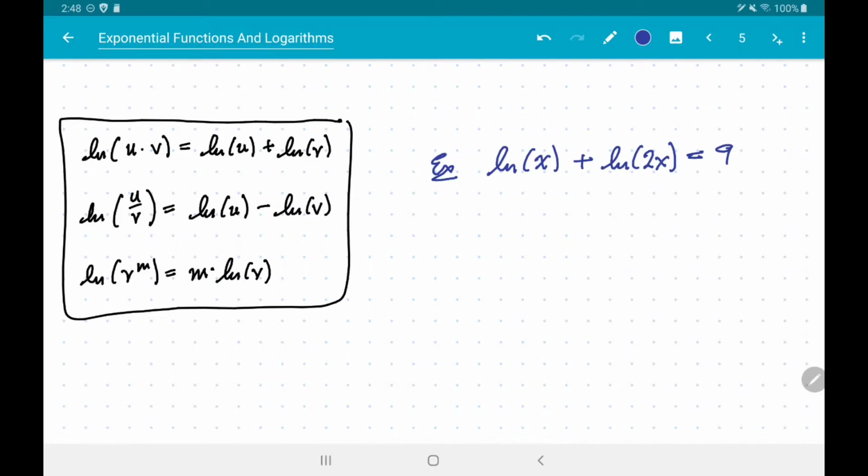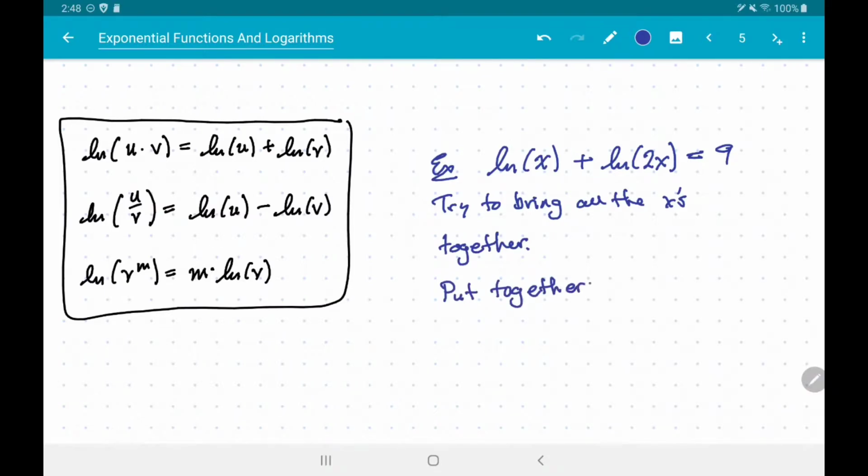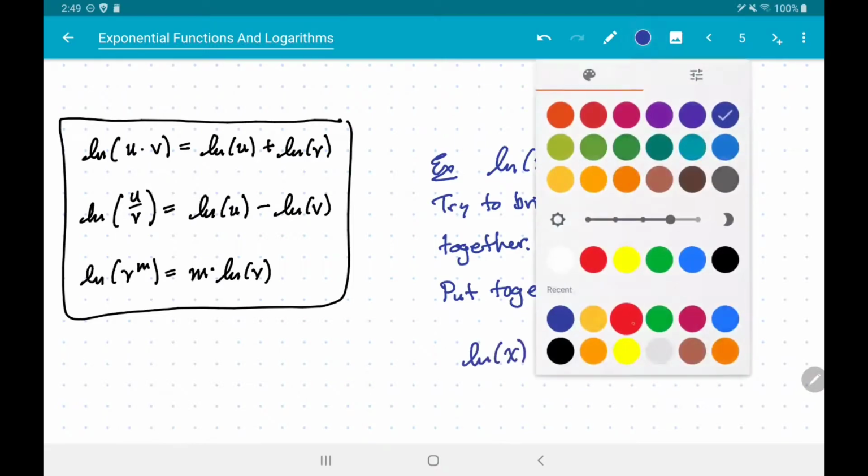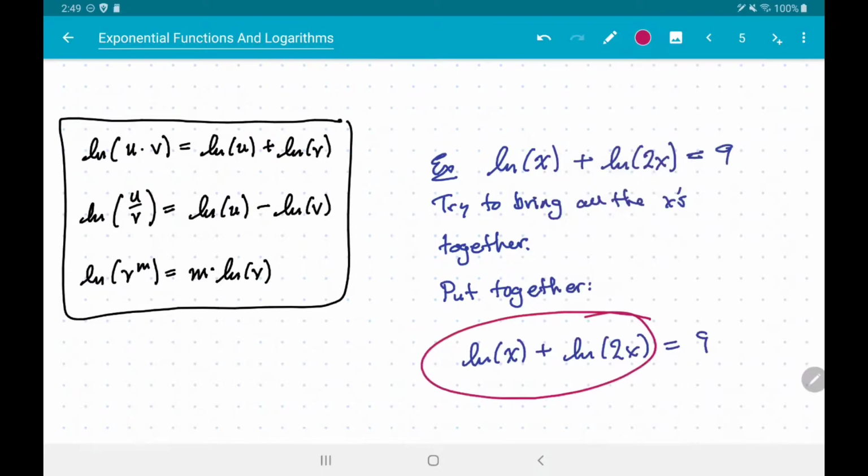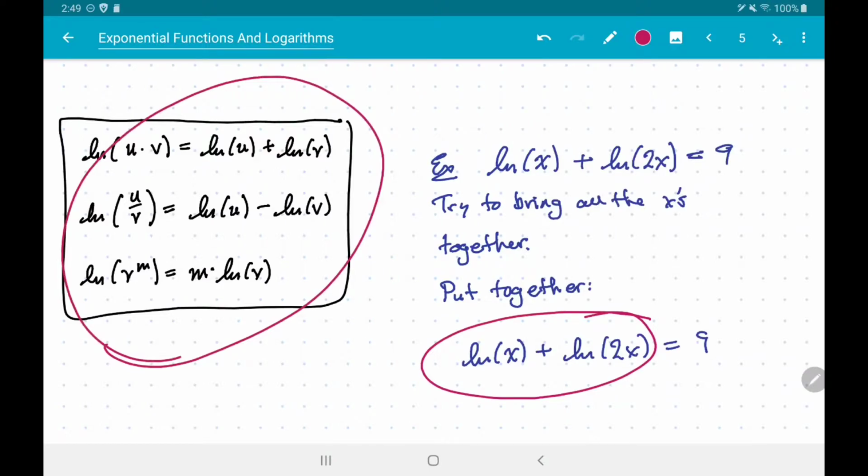Let me begin by suggesting that we try to bring all the x's together. That means that we maybe should try a put together manipulation. Okay, so I've got ln of x plus ln of 2x equals 9. Looking at this left-hand side where the two x's are, do any of the algebraic properties of the logarithm look promising?